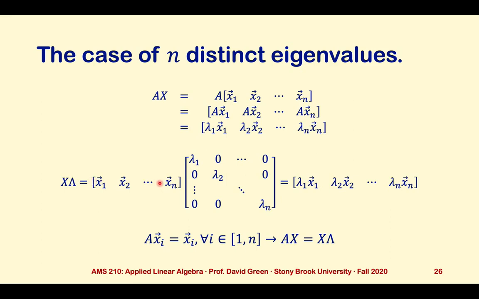We multiply each row of this matrix by the first column. That first column is going to pull out only the first entry from every row. If we multiply each row by the second column, it is going to pull out only the second entry in every row and scale it by the appropriate piece. So this product also gives us lambda 1 x1, lambda 2 x2, and so on, the same result as AX.